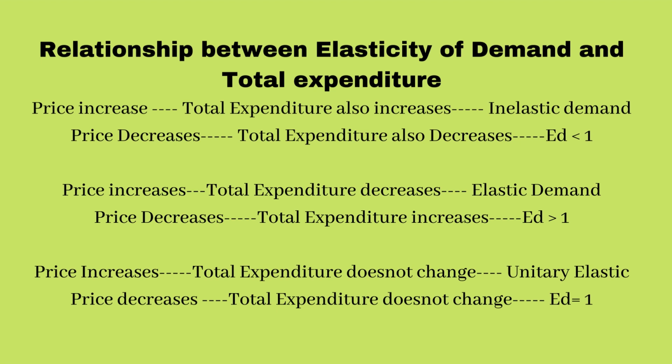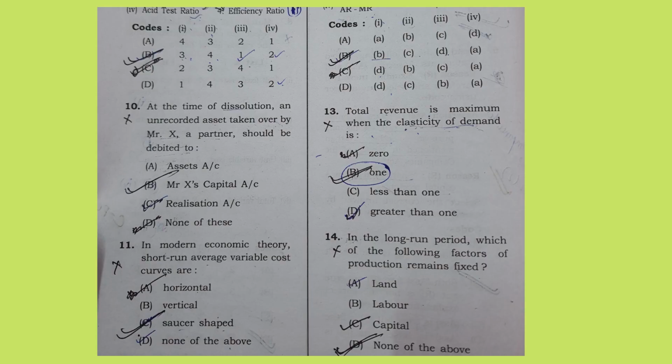When price increases and total expenditure decreases, it will fall, then there is a negative relationship between the price and total expenditure, then the elasticity is greater than 1. And if when price increases total expenditure does not change, it remains constant, ed is equal to 1, that is unitary elastic.